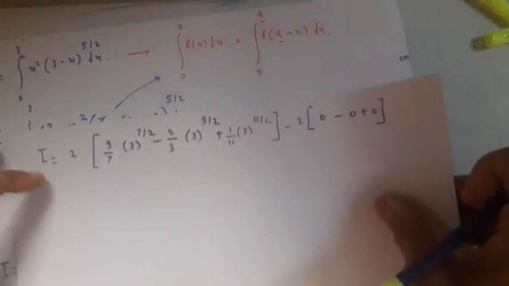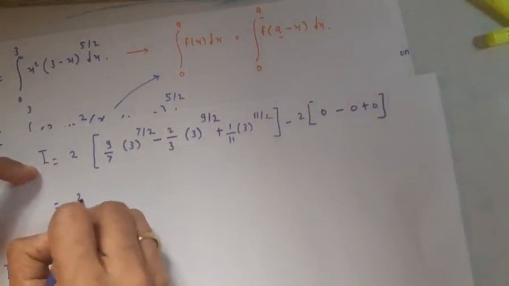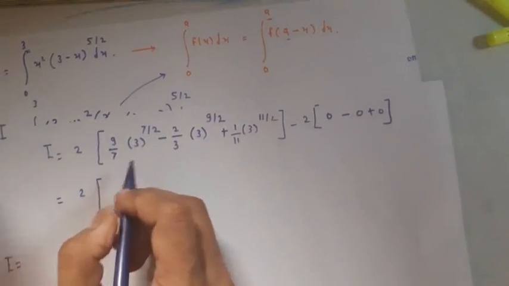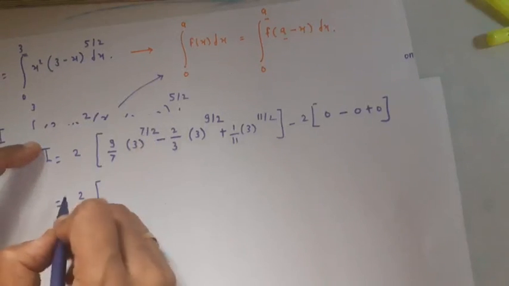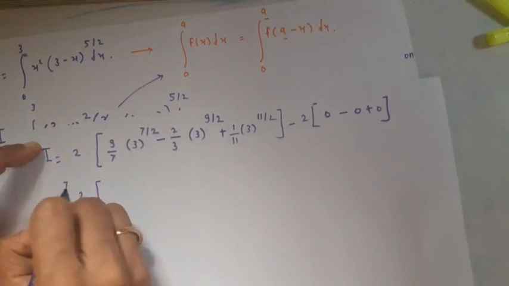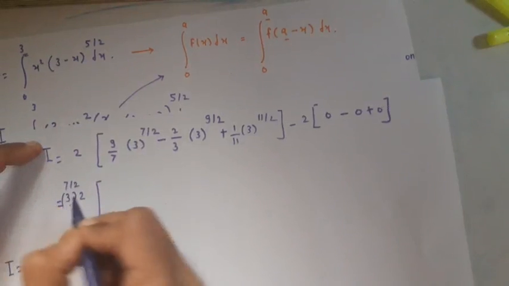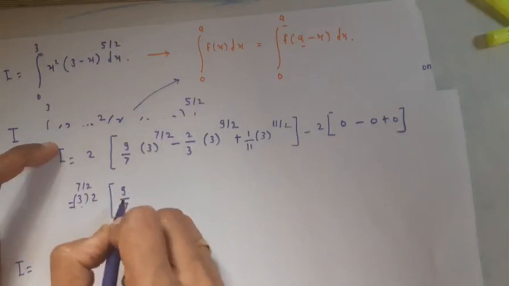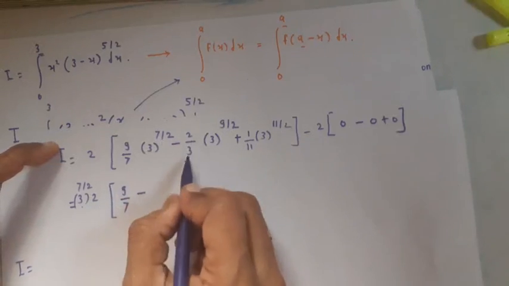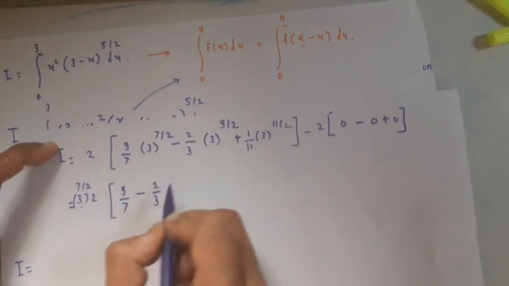Now let us calculate. The calculation is 2 into, so students, common out 3 raised to 7 by 2, that will get easy. Then with 3 raised to 7 by 2 only 9 by 7 will be there, minus 2 by 3 as it is.